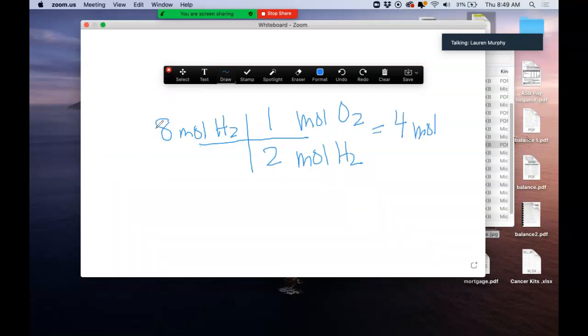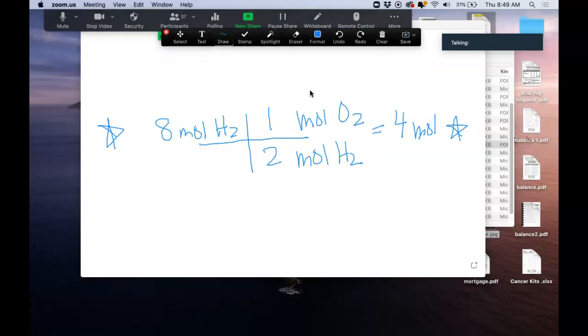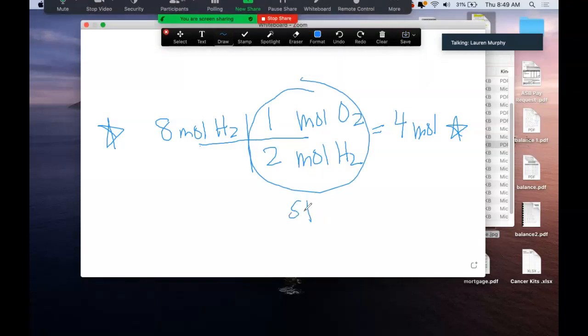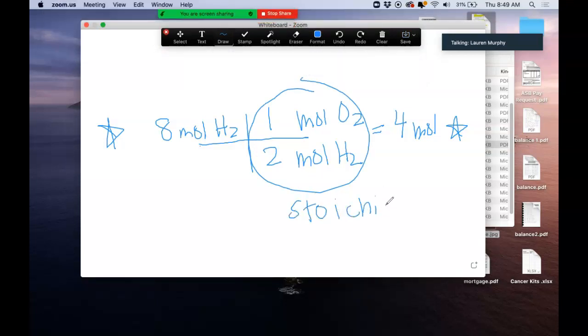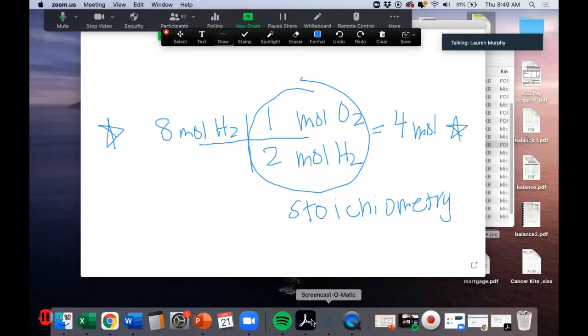Now, I know that you can do this conceptually for some of these, but you need to be able to do it this way. This is going to be the most important way eventually. Being able to do this dimensional analysis. And again, this is stoichiometry, this mole to mole ratio. And it allows us to jump from one substance to another.